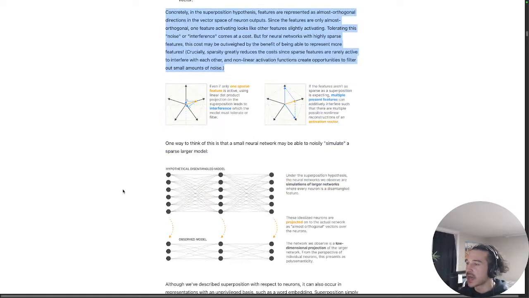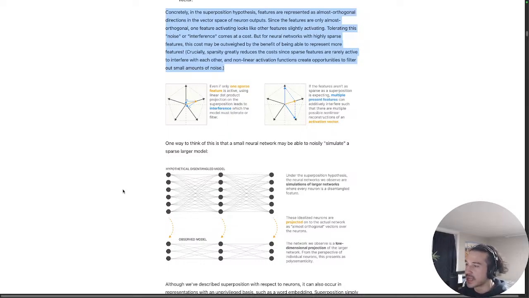And here we see two diagrams. On the left, even if only one sparse feature is active, using linear dot product projection on the superposition leads to interference, which the model must tolerate or filter. So here we see one of the sparse features is active, of 5 vectors going out from the origin, and they're almost orthogonal to each other.